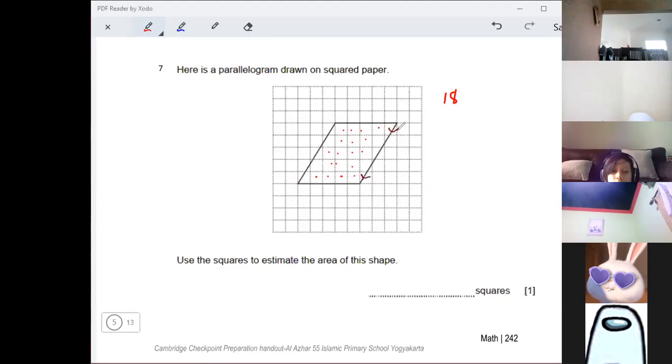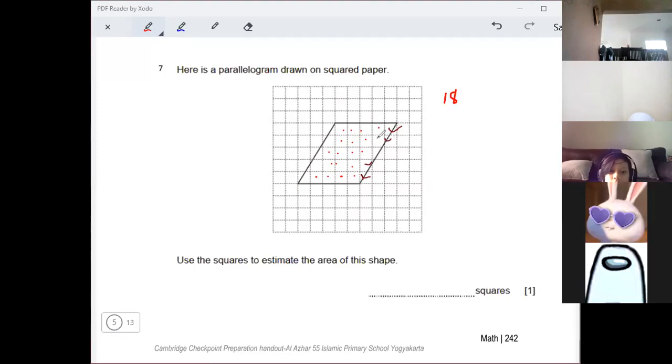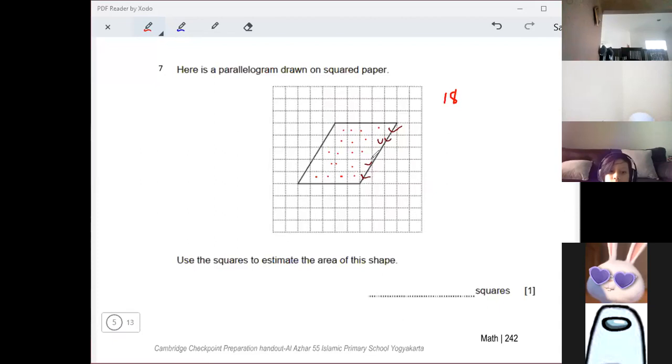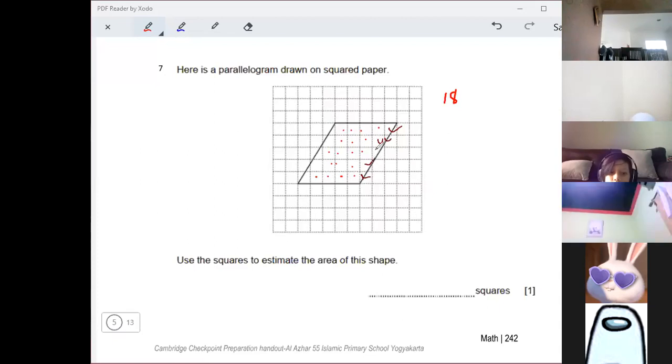Oh, 2, I forgot. 1, and then this one with this, 2, this one with this, 3, and then this one. So this one also, 3. 4, 5. So this with this.